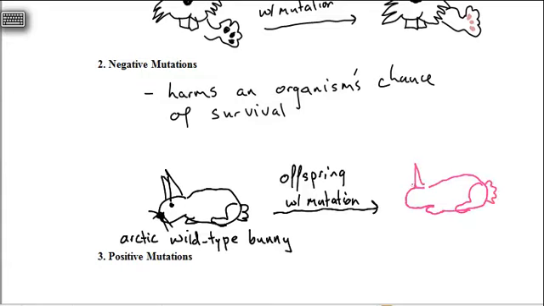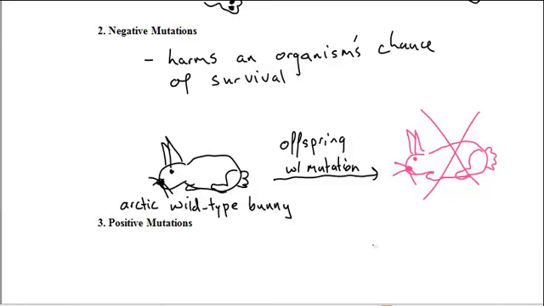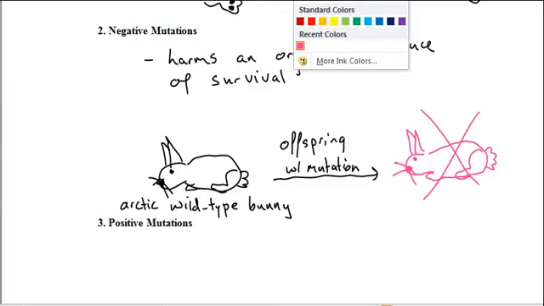And all the wolves will be able to see the pink bunny in the Arctic, and unfortunately, pink bunny won't last very long. That is a negative mutation. We don't usually see the effects of negative mutations because they die off before they can reproduce, and they don't tend to accumulate in the natural population. A little bit different in humanity, where we protect our weaker from nature.